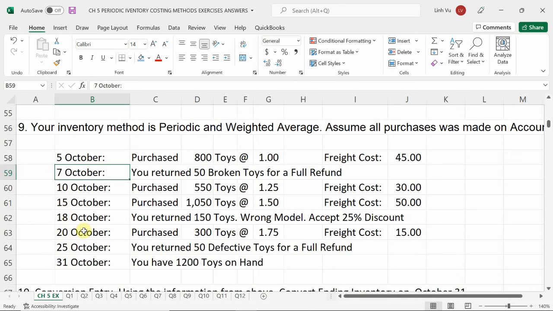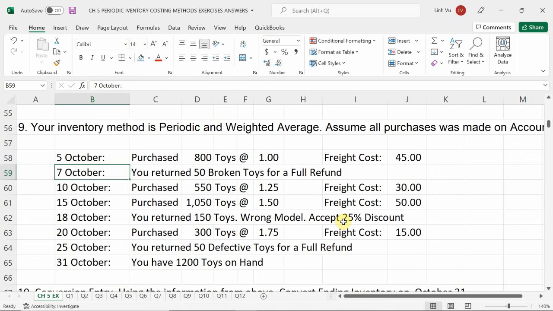But then on October 18, you end up returning 150 toys. They were the wrong model this time. So in this case, you were willing to accept a 25% discount because they sent you the wrong model. It wasn't even the right toy to begin with. So they said, I'm so sorry for that.